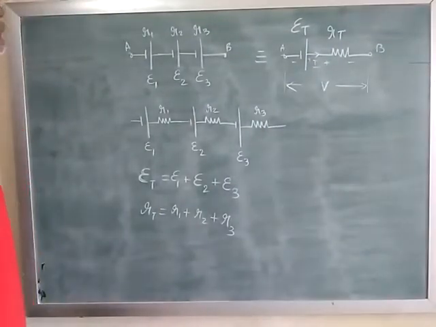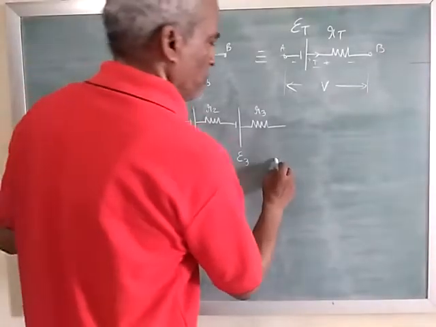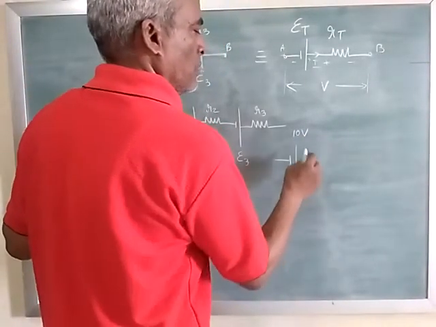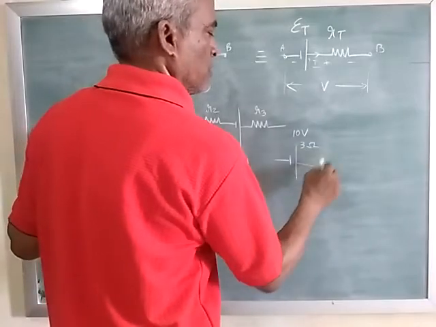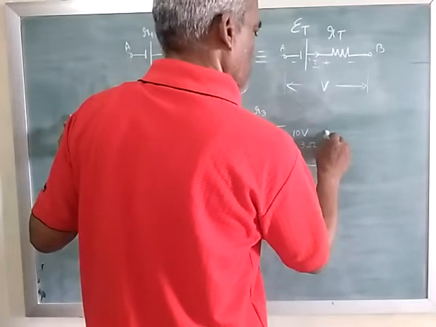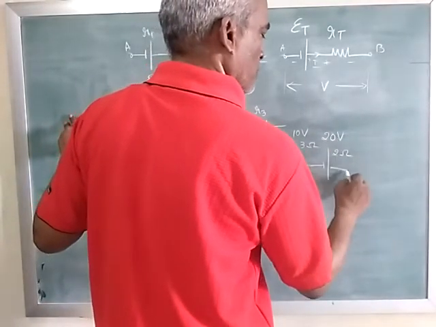Okay. Suppose we have, assume this is 10 volts with the internal resistance 3 ohms. Then we have 20 volts with internal resistance 2 ohms.